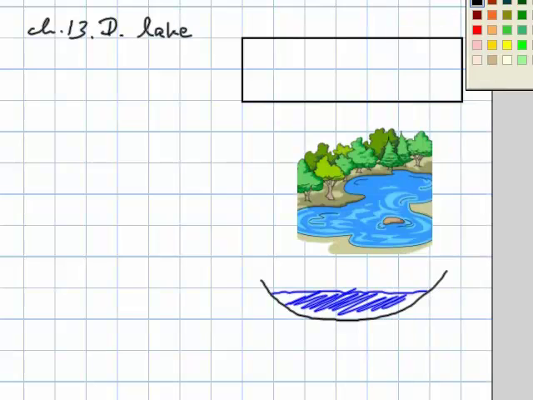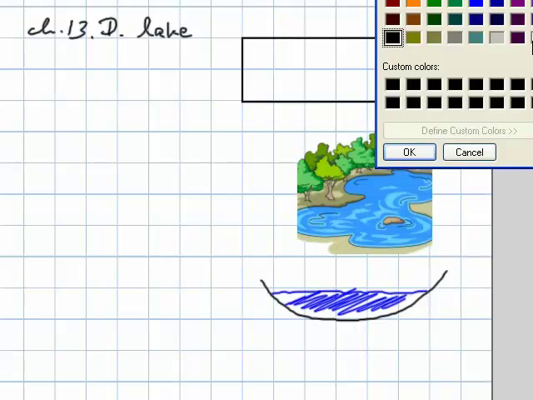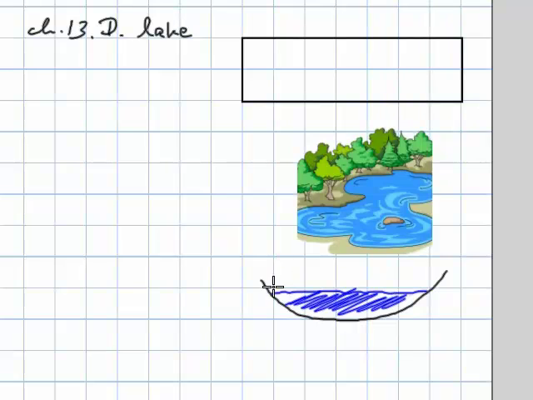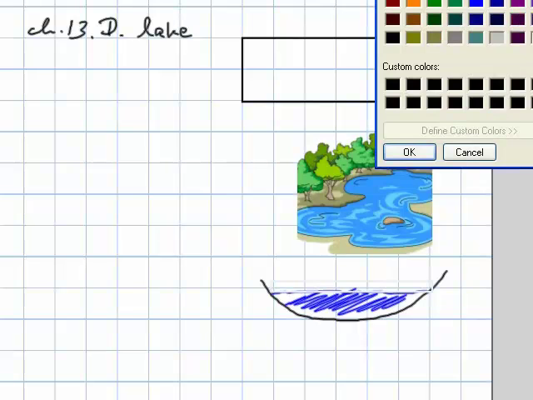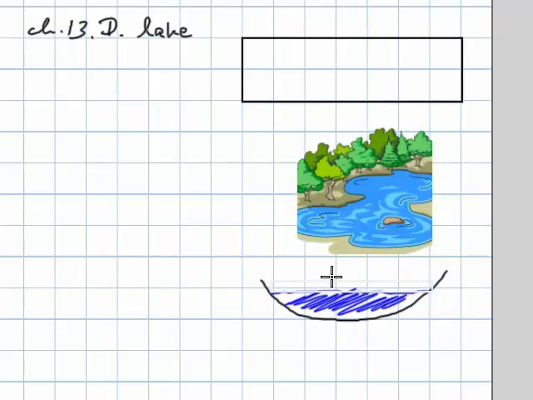Maybe some kind of off-white. Oh boy, this is going to be tough. Let's see what happens. So there we go, there's the thin layer of ice.